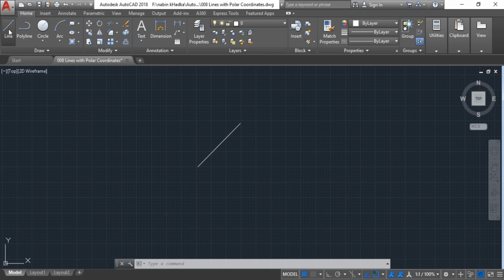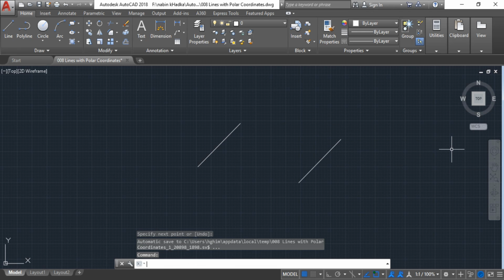Click the line button, click anywhere to specify the first point, and here you need to type @. You might remember the @ sign is used for the relative coordinate system. First type the @ sign and type the length, then the less than sign or angle sign and the desired angle, and press enter.